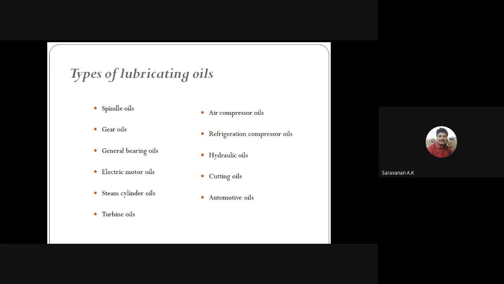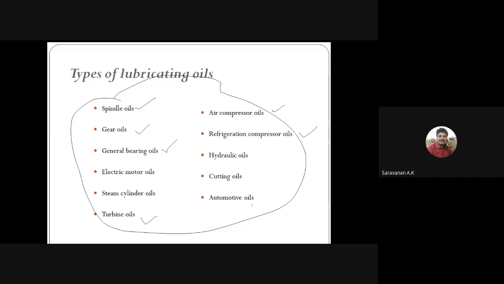So the general bearing oils will be the same. We have a six-class classification of the bearing oils, which we can see in the latest classes. These are the very important terms for the types of hydraulic oils. Here I mentioned the gear spindle oil, gear oil, general oil, turbine oil, air compressor oil and refrigeration oil, and we also have some automotive oils.